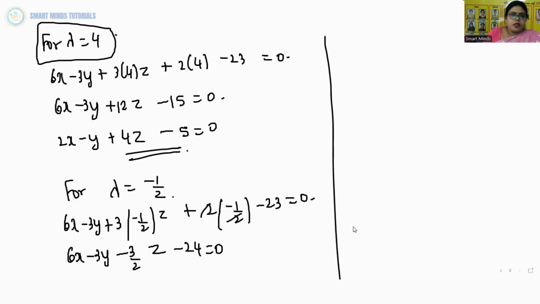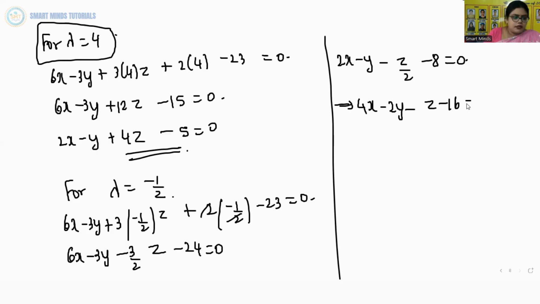Now if I take 3 common, we get 2x minus y minus z by 2 minus 8 is 0. If I take the LCM, we get 4x minus 2y minus z minus 16 is equal to 0. Therefore, what are the required tangent planes?